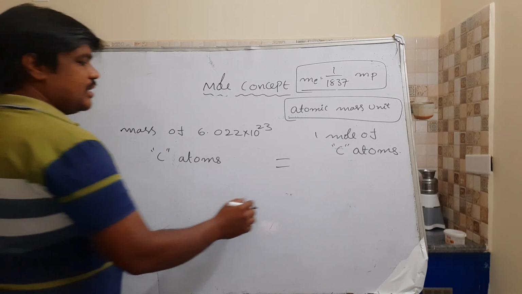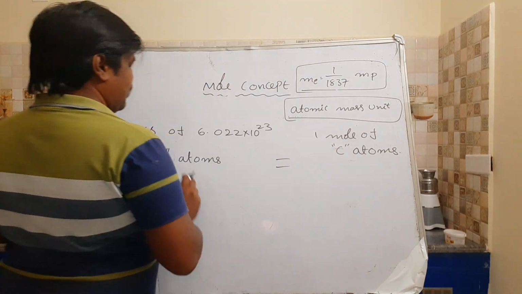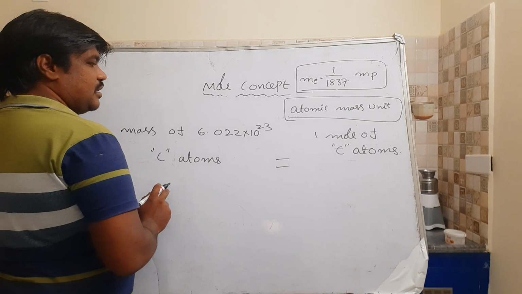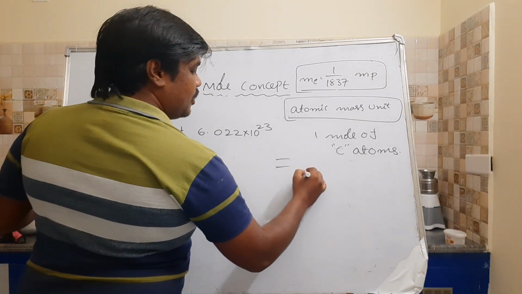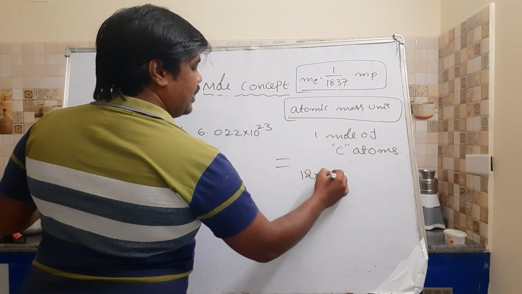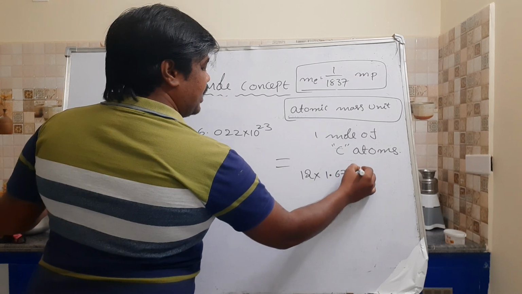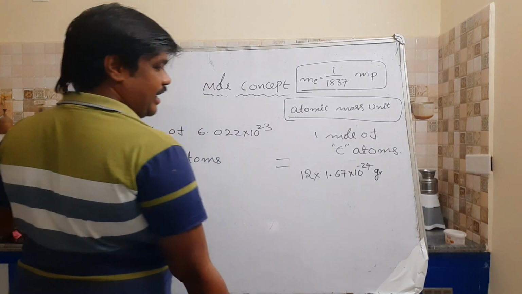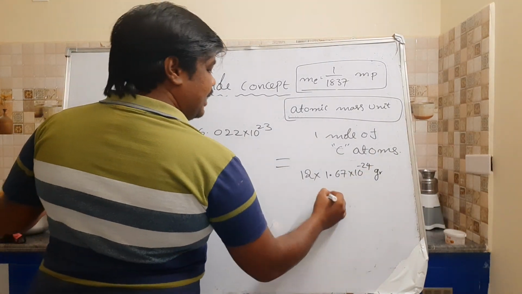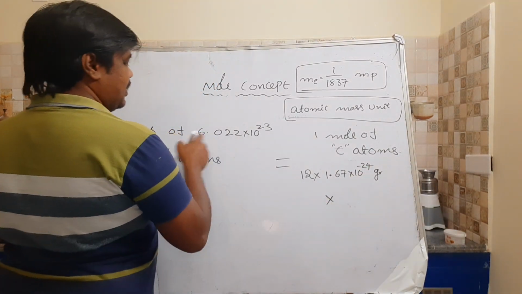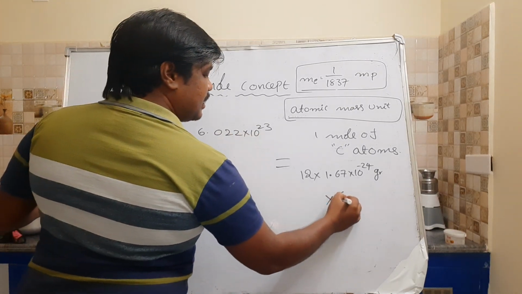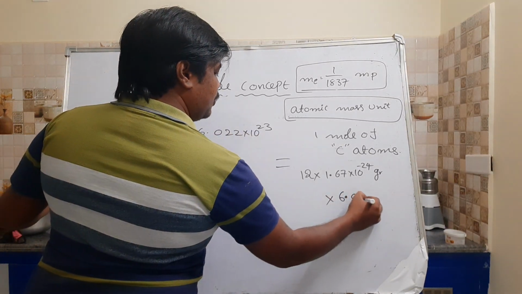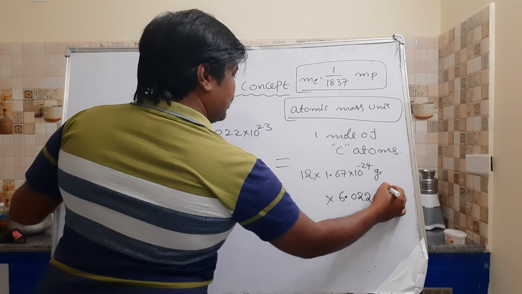What is the atomic mass of one carbon atom? 12 into 1.67 into 10 to the power of minus 24 grams. Of course, they are nothing but AMU, right? Into, yes, Avogadro number, 6.022 into 10 power 23.